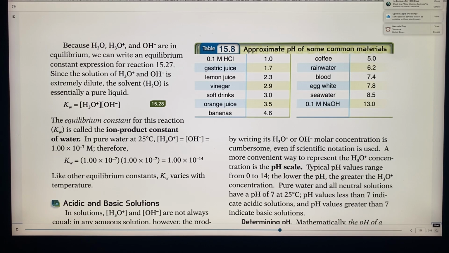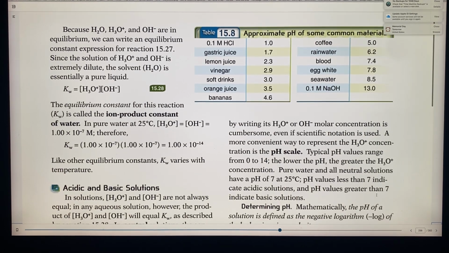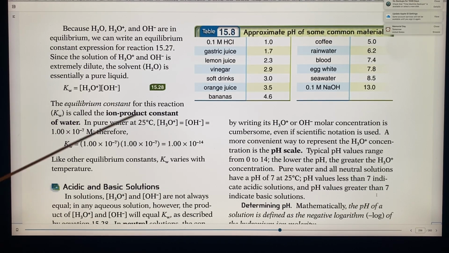I'm sure they're not going to make you calculate this out. Basically, water's constant is 1.00 times 10 to the negative 14th, and this even varies with temperature, so you have to be at 25 degrees centigrade, approximately room temperature.